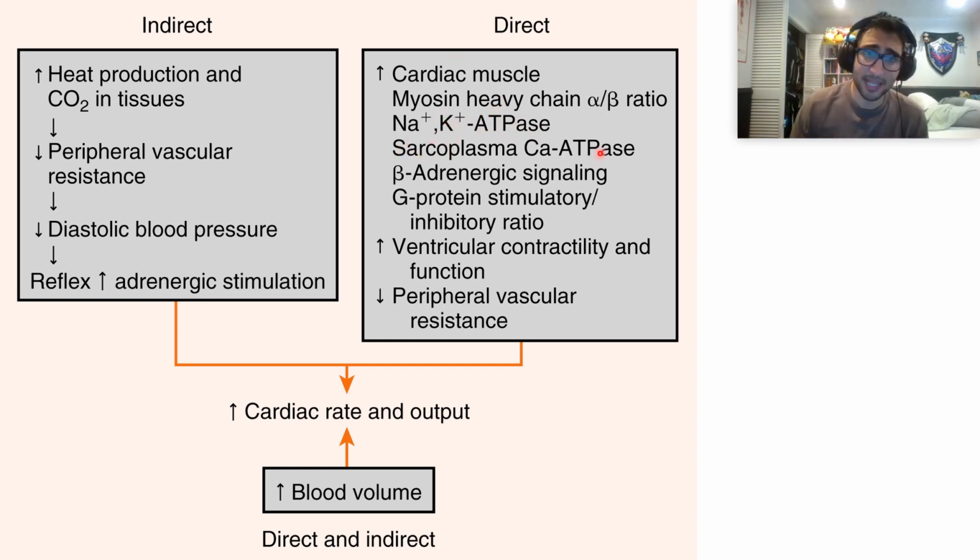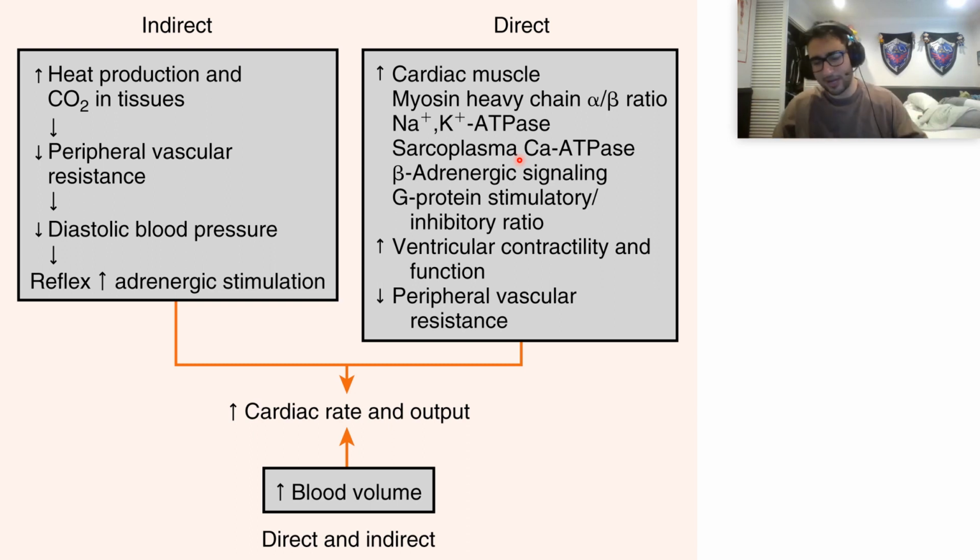The sarcoplasmic reticulum calcium ATPase is also upregulated. And that's important because the sarcoplasmic reticulum releases calcium into the cytoplasm, and that causes a contraction that's necessary for the heart to function, or any muscle; skeletal muscle functions the same way. So upregulating the sarcoplasmic reticulum calcium ATPase in skeletal muscle and in cardiac cells allows a stronger contraction.